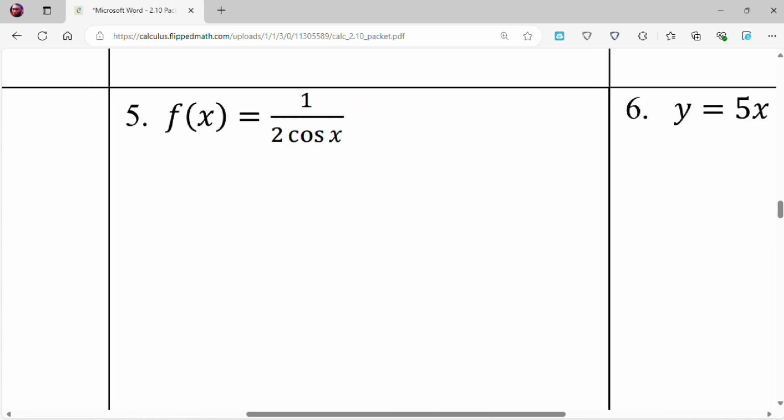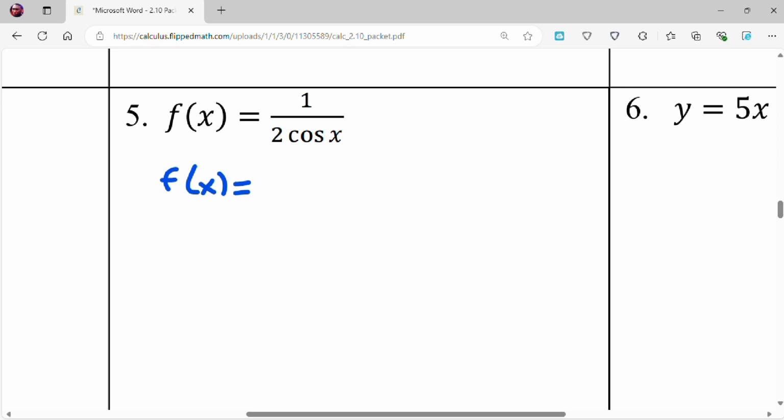F of x equals 1 over 2 cosine x. So instead of doing quotient rule, you could also just turn the cosine x into a secant x by moving it into the numerator. Remember that secant is 1 over cosine.